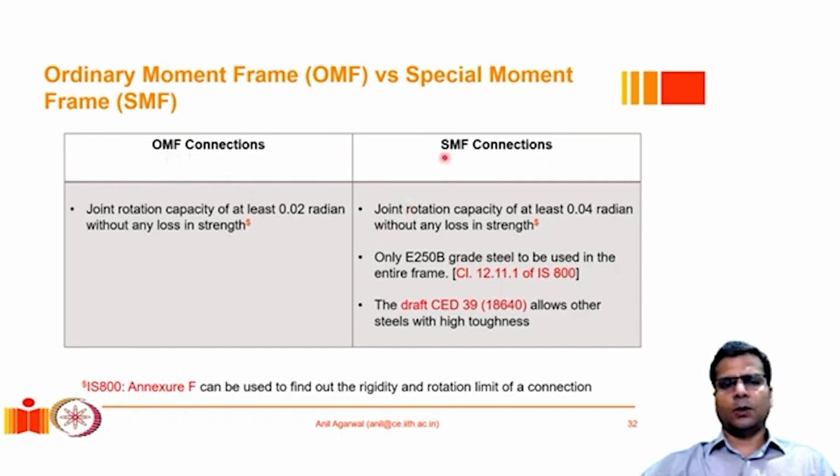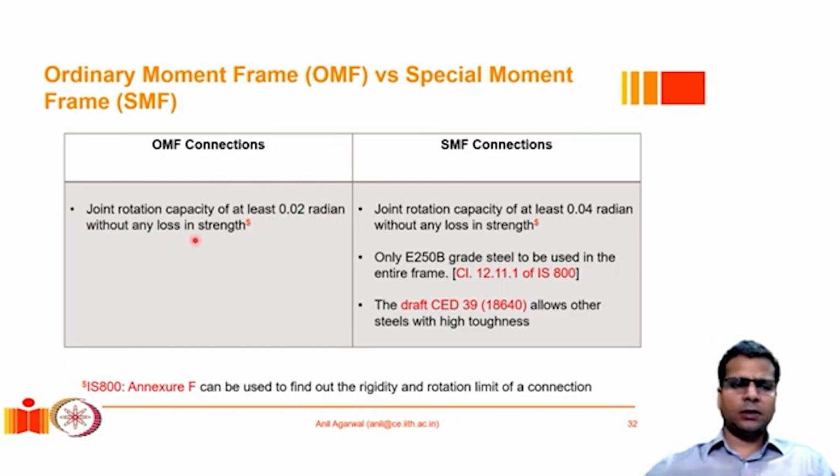But special moment resisting frames have to be rigid connections only. The requirement for an ordinary moment resisting frame is that the connection or the joint should have the capacity to at least accommodate a 0.02 radian rotation without any loss in strength.